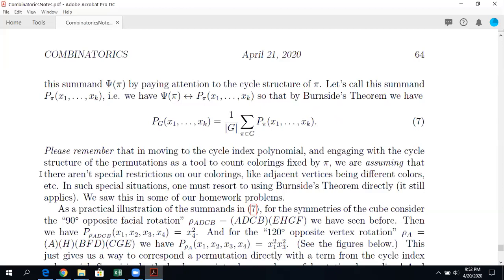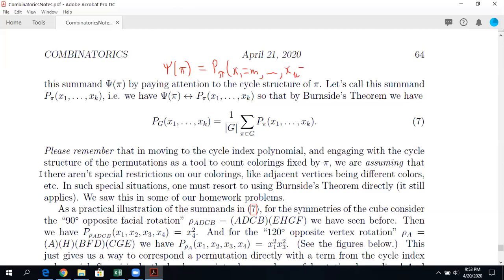One thing that is true, though, is that psi of pi, I probably should have written this in the notes, is actually equal to this: if I'm doing m colorings, I have this cycle index term, then all I have to do to get psi of pi is take P sub pi and replace every single variable with the number of colors.